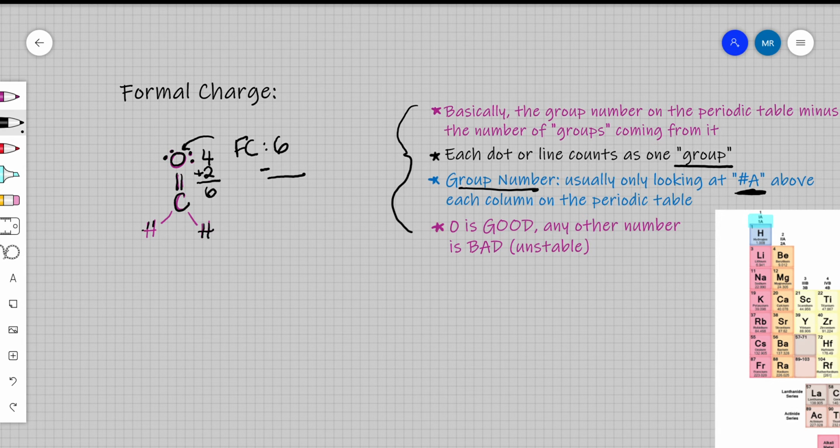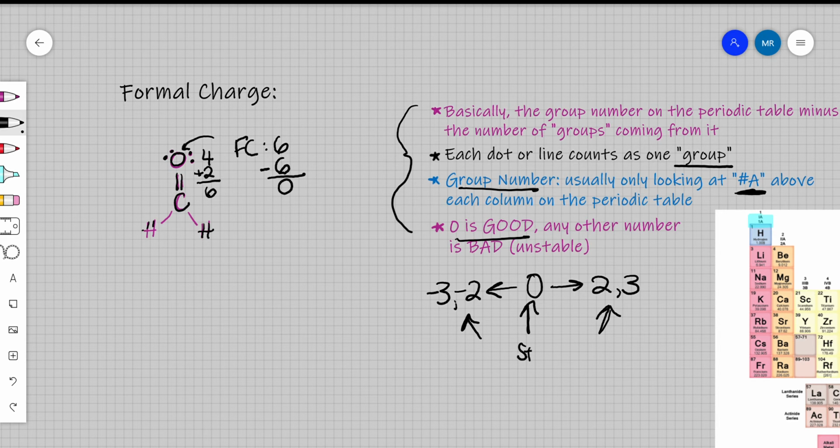So then we subtract 6 from the 6, and we get 0. And for formal charge, 0 is good. It's the most stable, and going away from 0, whether it be positive or negative, is going to be bad. That's going to be unstable, and the 0 is going to be the stable thing that we want.